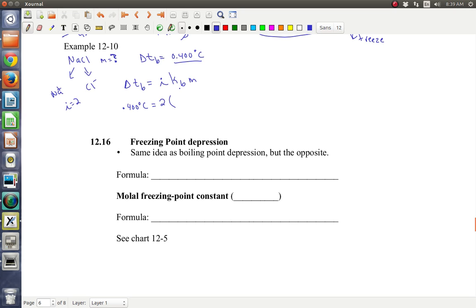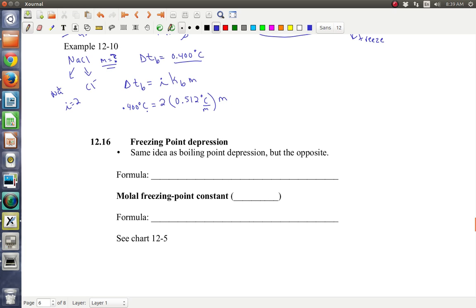All right, the K sub B is the molal boiling point constant for water again, which you'll get from a chart or directly in the question, depending on how it's put. And then the only thing you're missing is the molality, and that's what the question is asking for, the molality. So this is just a simple plug and chug kind of deal.